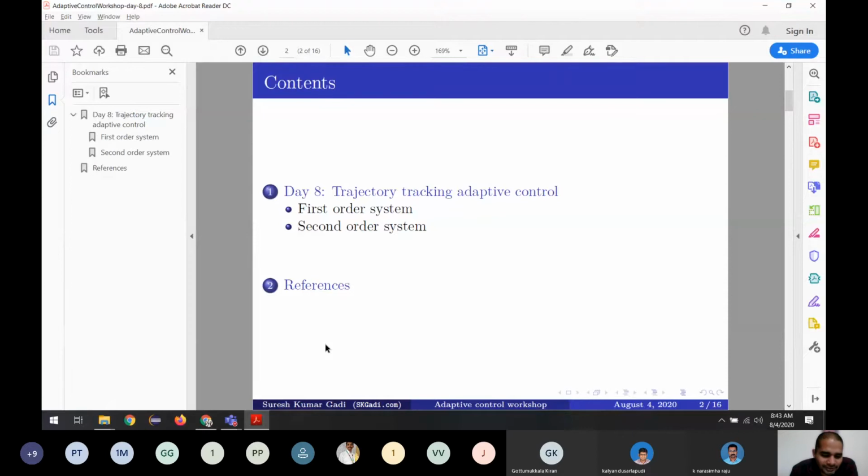The other assumption is that the parameters are not changing very quickly. They may change over a long period of time, but they should not change very quickly. This algorithm works when they change slowly.